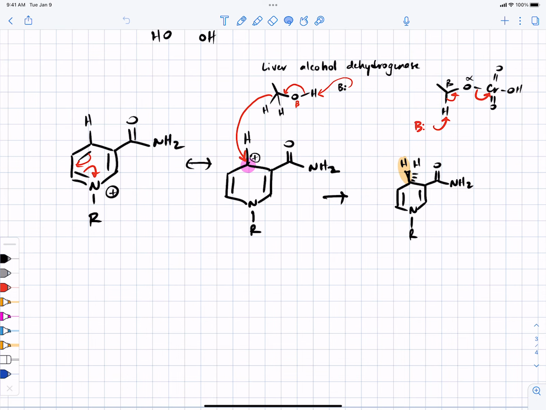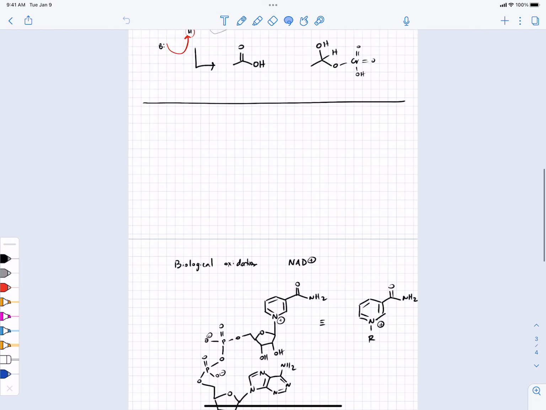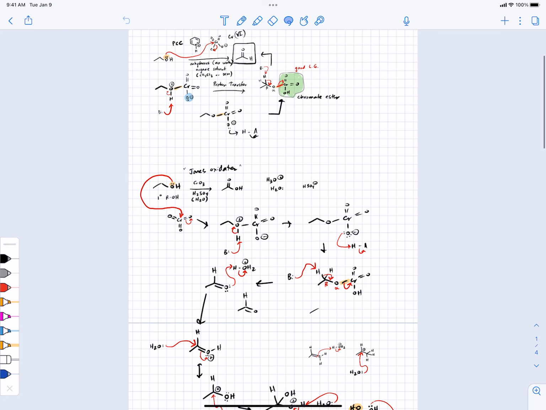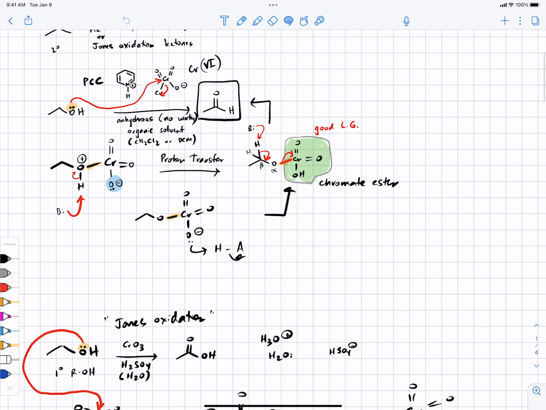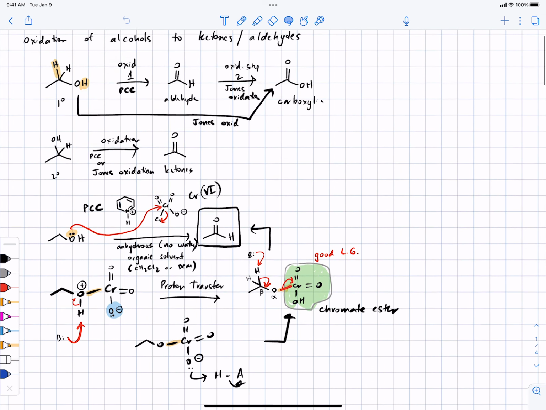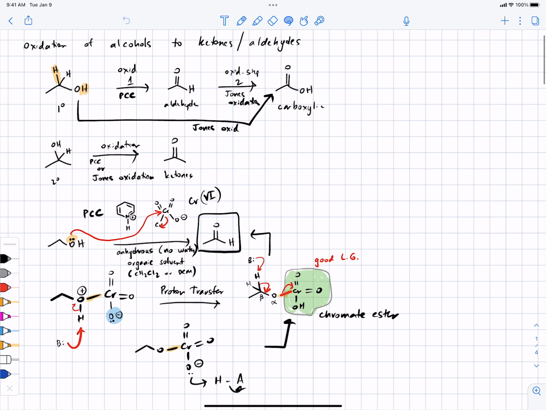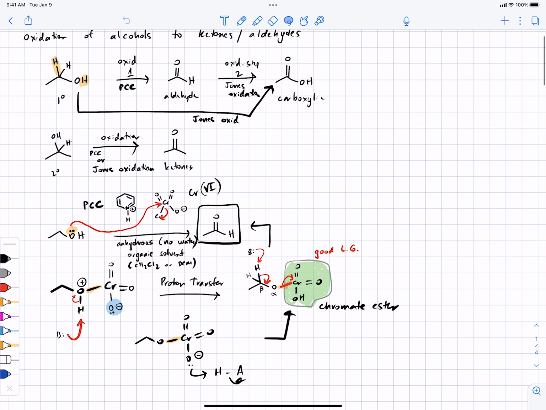Okay, good. Last week we were talking about oxidation. I forgot an interesting detail that doesn't matter, but the reaction of chromium-6 based reagents to oxidize alcohols results in a color change.